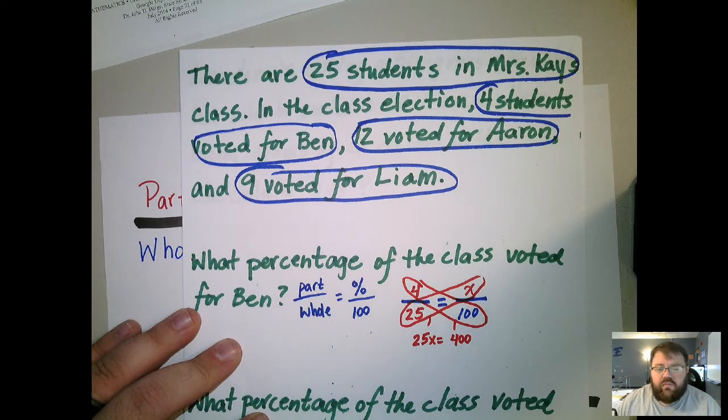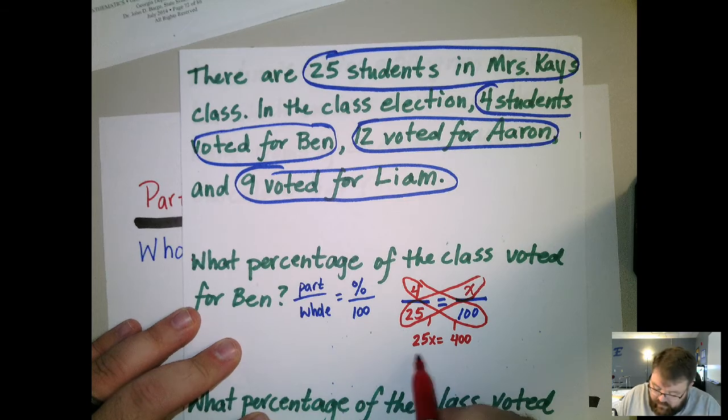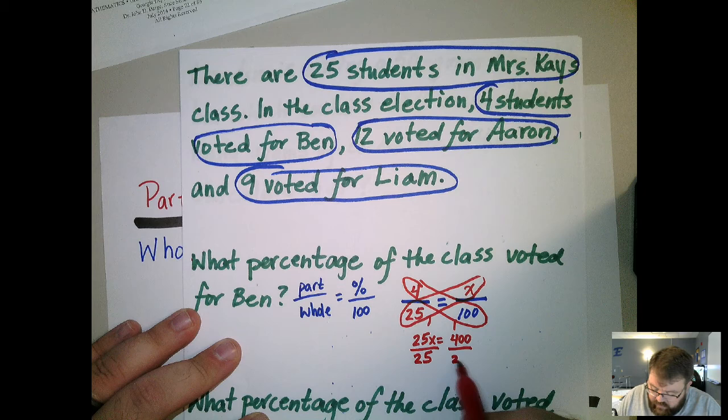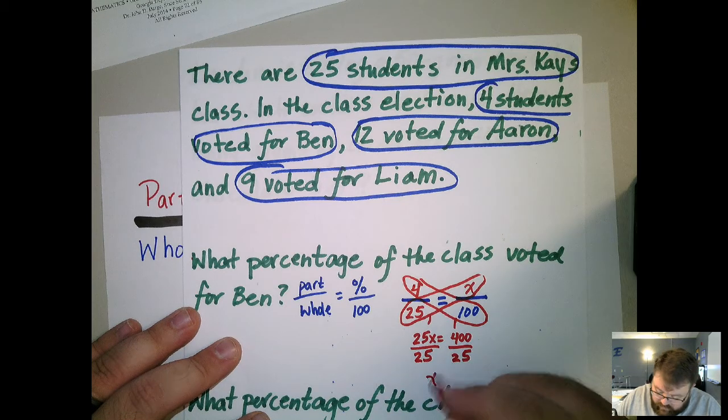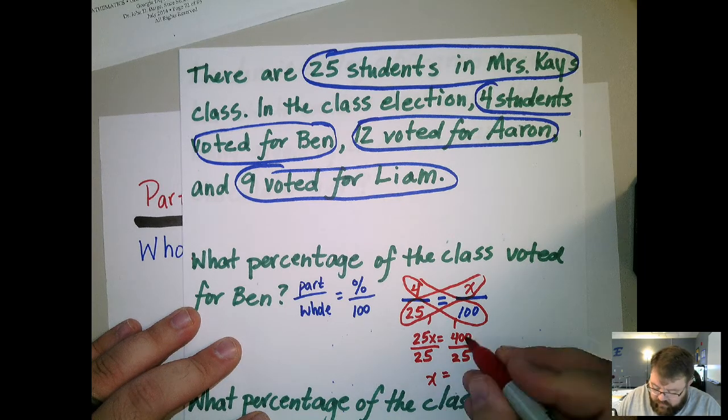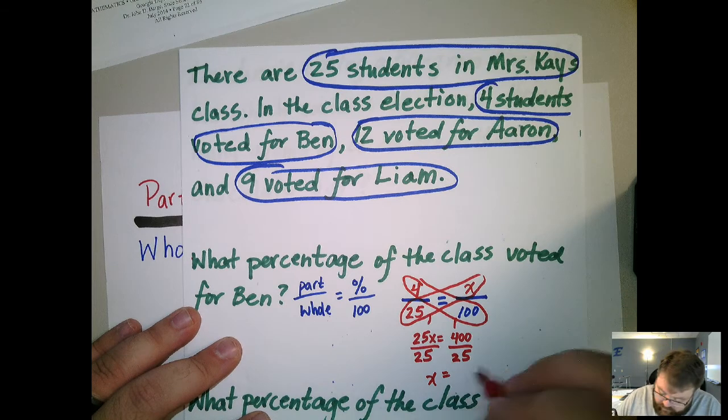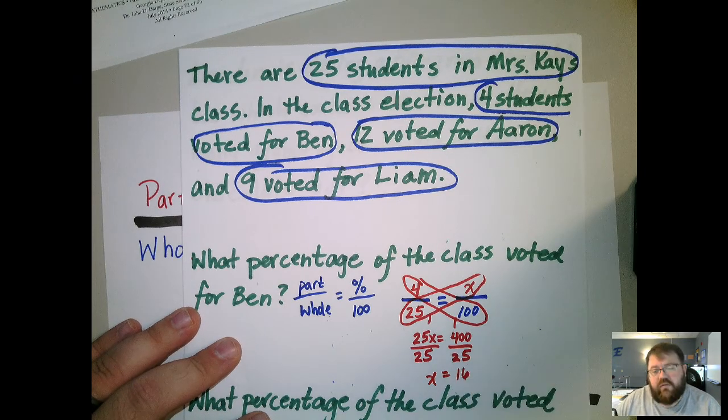The next thing I want to do is divide both sides by 25. 25 divided by 25 is 1. 400 divided by 25 is 16.